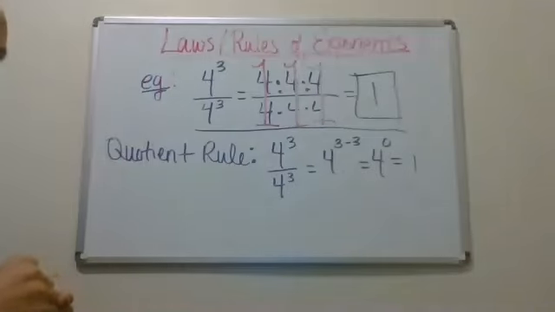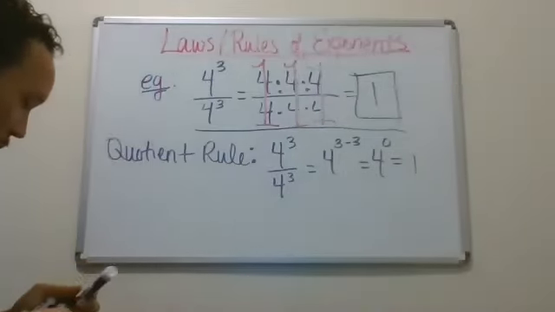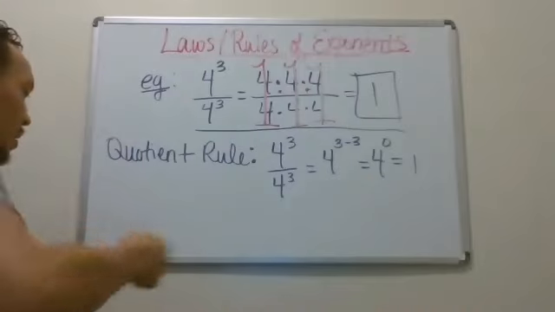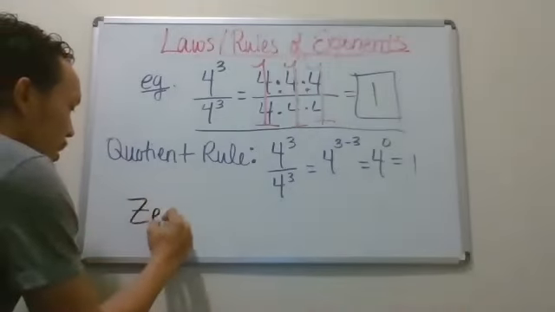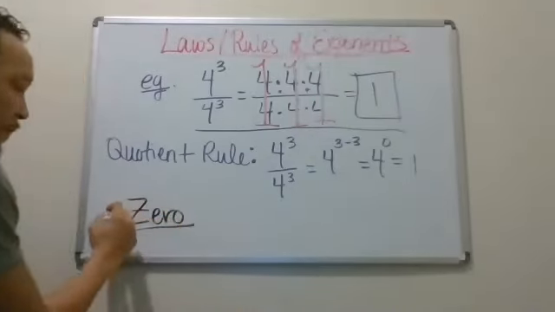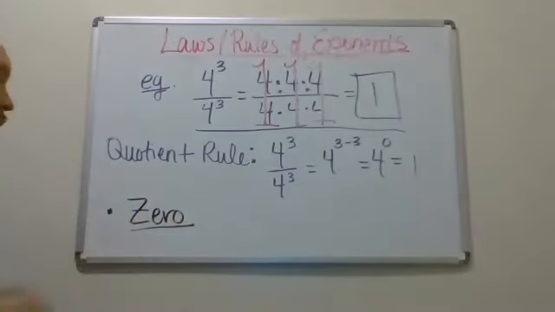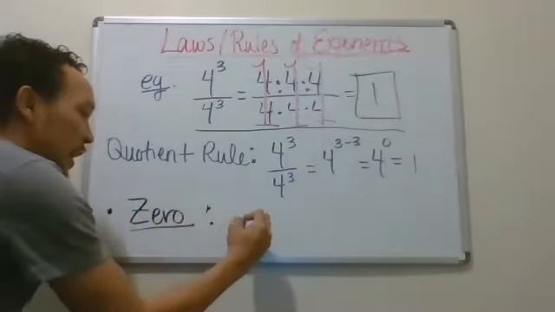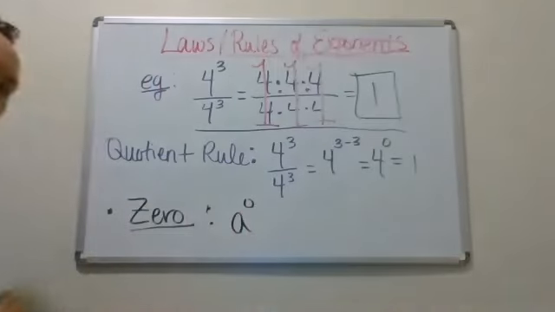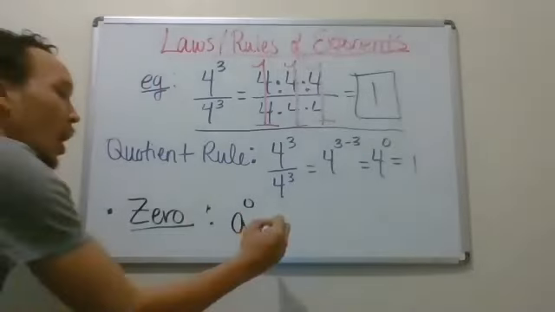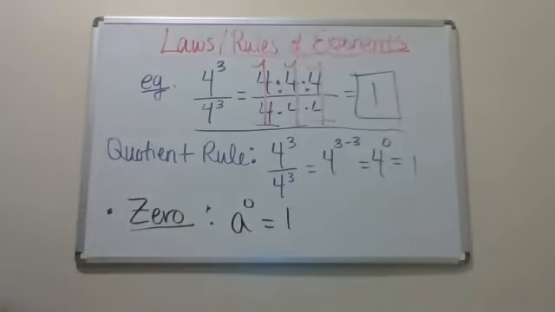So this gives me my next law, which is the 0 law. The 0 law. And that states any number raised to the 0 power is always going to give you a value of positive 1.